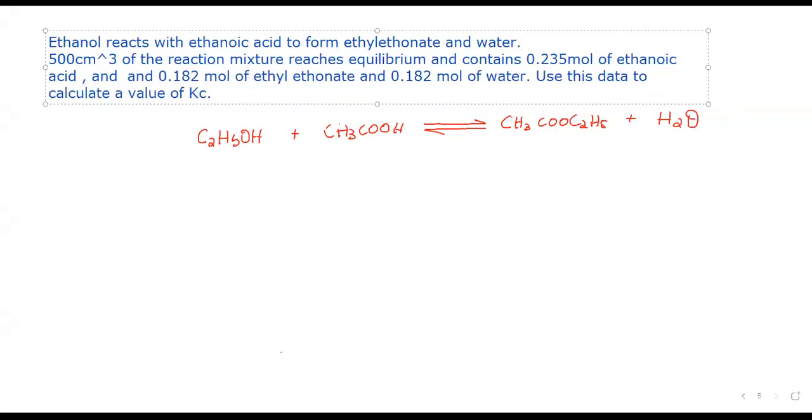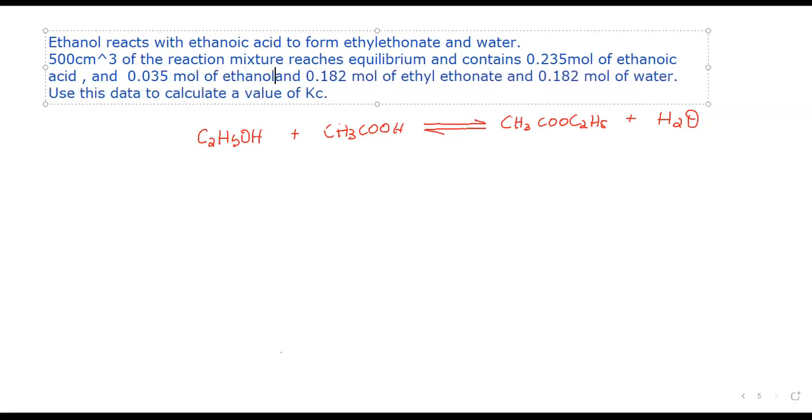And for ethanol, let's just take 0.035 moles of ethanol.